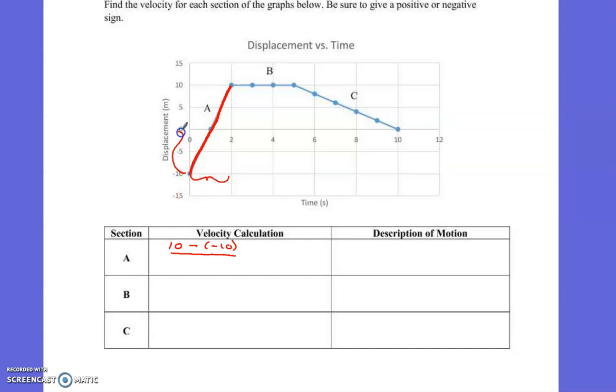Okay, so the rise is how high it went, and the run is how far over it went. And it went from 0 to 2, so subtract 2 and 0. This comes out to be 20 divided by 2, or +10 meters per second. Velocities are always meters per second. The description of the motion is that it is moving to the right.